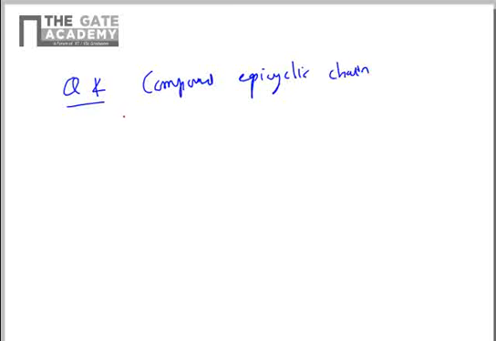We'll take up another question on the compound epicyclic gear chain, which was asked in GATE 2006. Here a diagram was given, so I'll sketch the diagram for you. This is the input gear, meshing with another gear, and that second gear is compounded with a third gear.